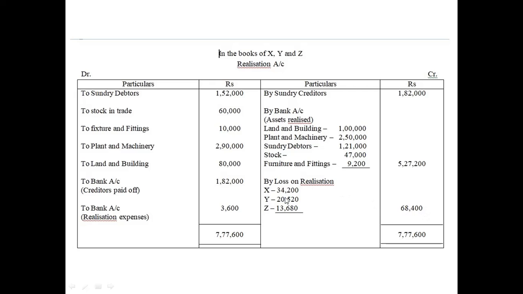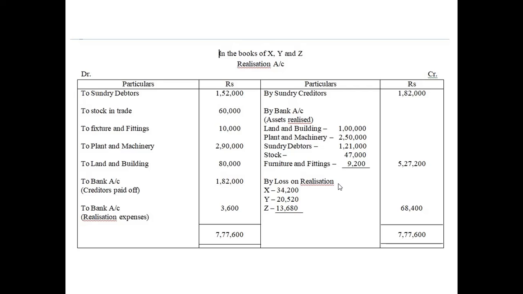Instead of writing by loss on realization, we can write by partner's capital account also. I want to repeat one more time: instead of writing by loss on realization or profit on realization, we can write partner's capital account also. We have done this since admission of partner, so I hope you know that thing, like profit on revaluation or loss on revaluation.